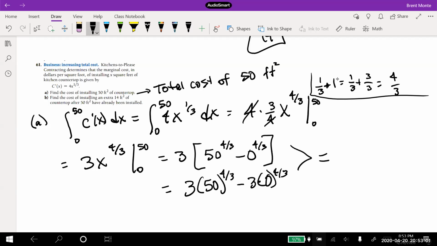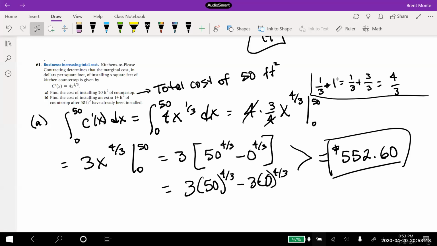Round it to 2 decimal places because it's money. I get $552.60. And I find it kind of interesting because when I looked in the old edition of the book, the answer they gave me was actually $550.61.